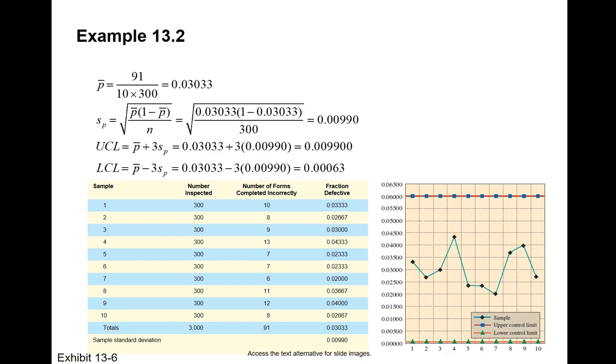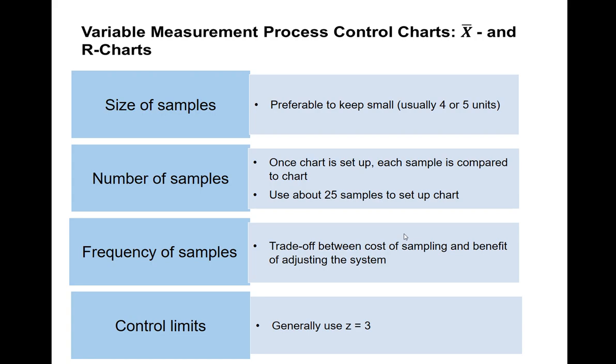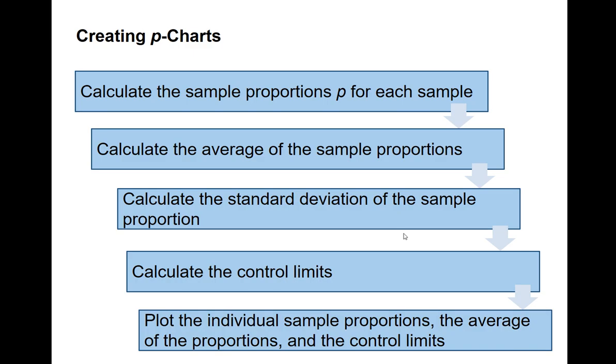This is how we have the P chart, one of the attribute charts, and you will also find another popular attribute chart, the C chart, on page 374. There is another example there.